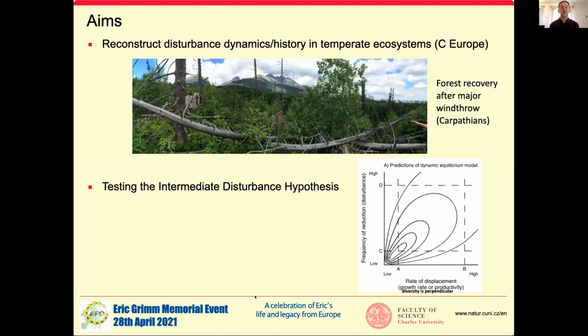The other question was that we wanted to test an ecological theory, the intermediate disturbance hypothesis, which determines, based on ecological observation, the number of species in an ecosystem under certain levels of disturbance. It says there should be a maximum number of species under intermediate disturbance, and we wanted to test whether this could also be seen during the Holocene.